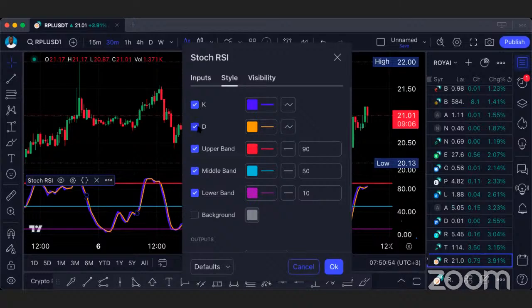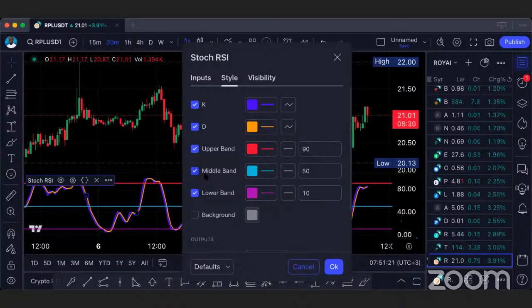This indicator also has a line which we call the upper band. In the upper band, that's where we say this coin has entered what we call the overbought area. This indicator also has the middle band. The middle band is where we say this specific indicator is halfway.